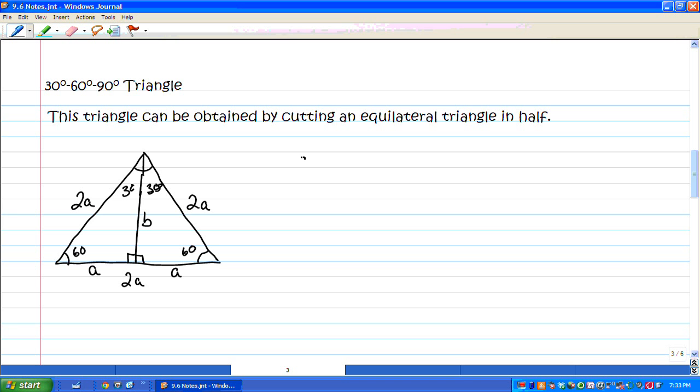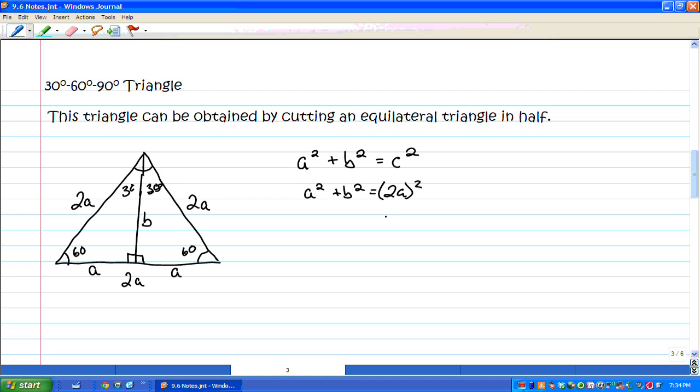So I have A squared plus B squared is equal to C squared. C, though, is the hypotenuse, and I already said that that's 2A. So now what I have is A squared plus B squared is equal to (2A) squared. When you square 2A, you square the integer and the variable.